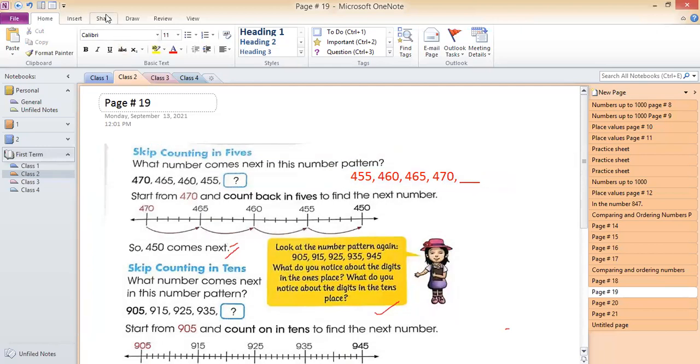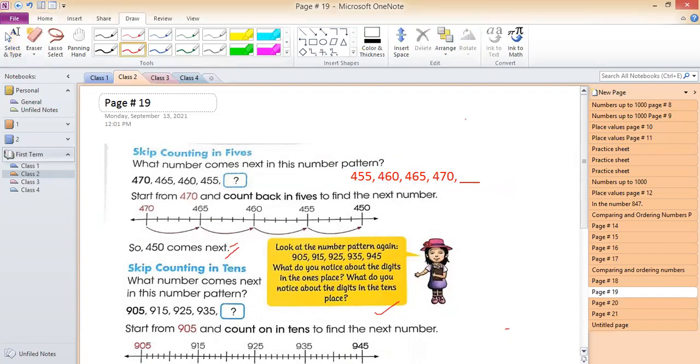So look, this is 55. I draw here 456, 57, 457, 58, 458, 59, 459, 60, 460. How many lines? 1, 2, 3, 4, and 5. That means we are counting in 5s here.